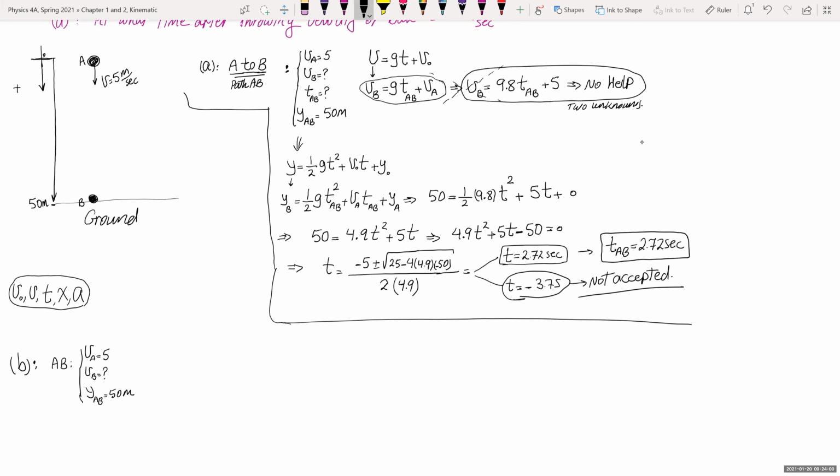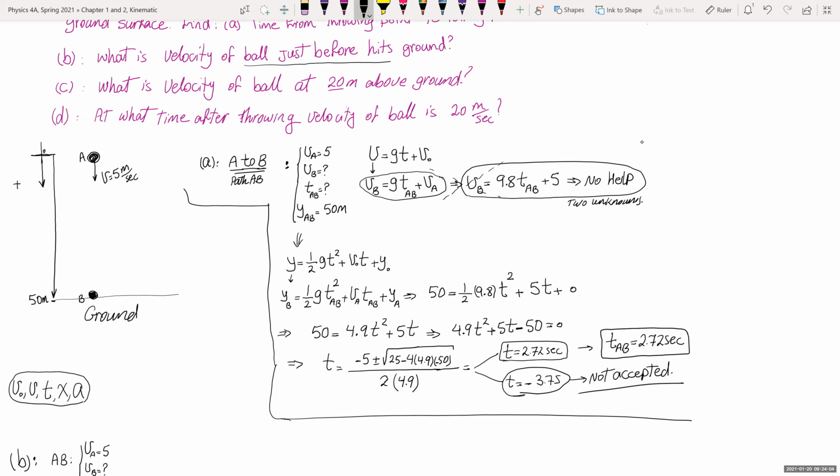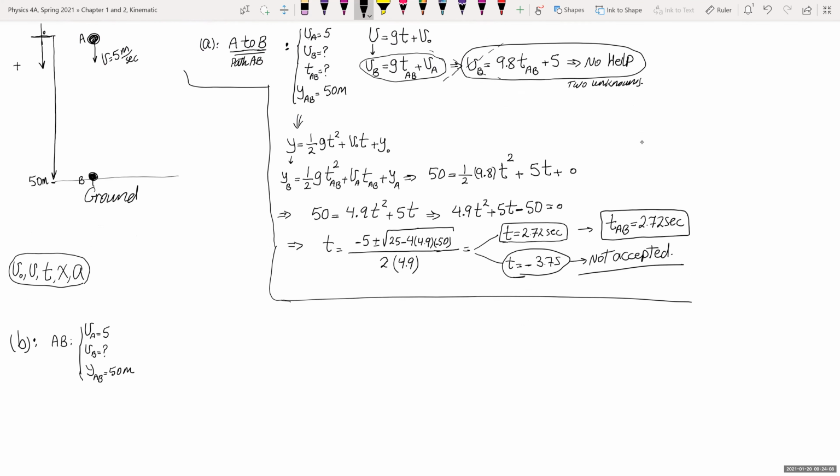The question wants me to find the velocity of the ball just before it hits the ground. That means the velocity at point B, correct? What is my equation? Watch it. We have initial velocity, final velocity, and height.